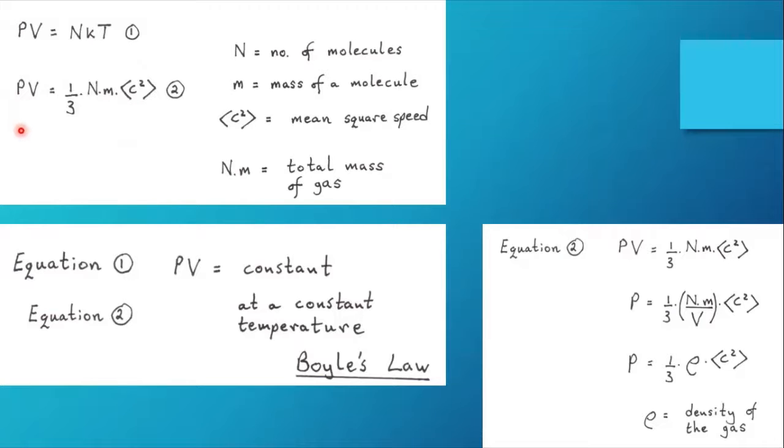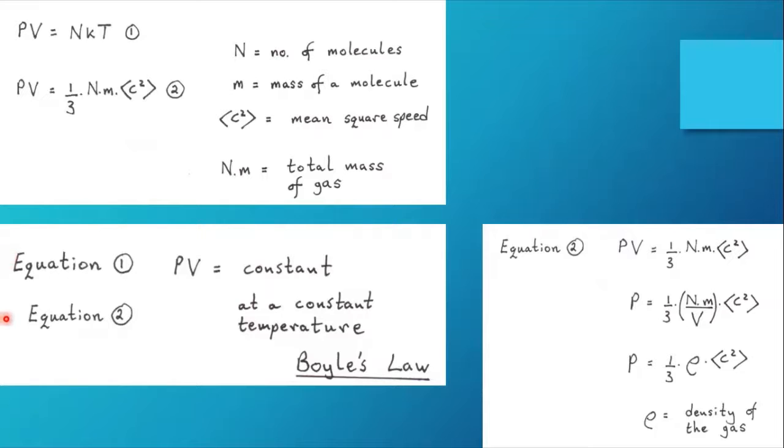And for me, this is part of the beauty of the way the kinetic theory of gases relates to the gas laws. Anyway, equation 1, look at it, PV is a constant at a constant temperature.